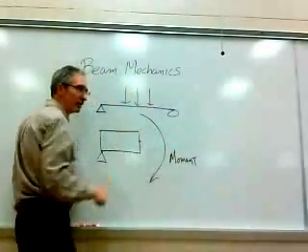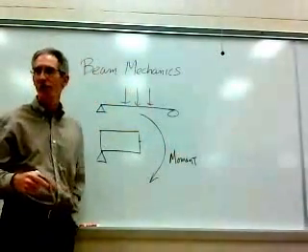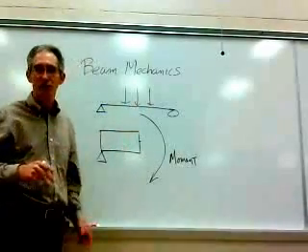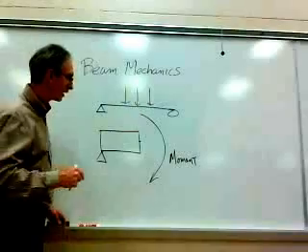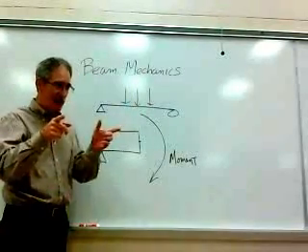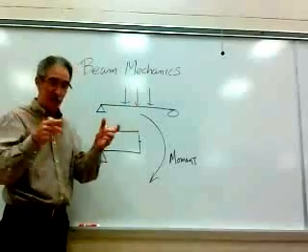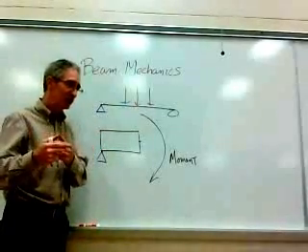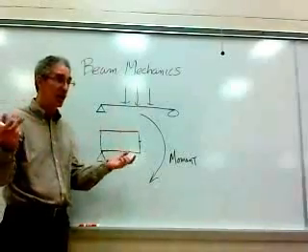On the other side of the neutral axis, the beam's going to be in compression. The fibers are being compressed or shortening. Okay? Those are strains. When you look at the length of an element and what distance it's stretching or compressing, change of length over original length, that's strain.